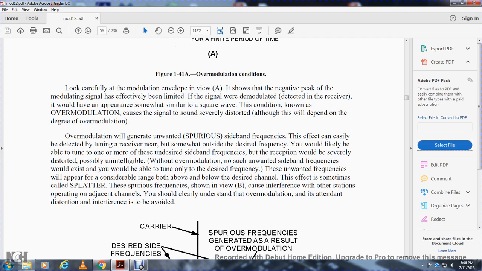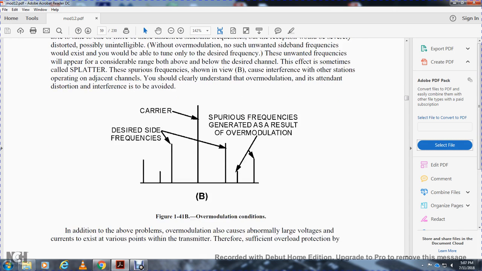Without overmodulation, no such unwanted sideband frequencies would exist. You would be able to tune only the desired frequency. The unwanted frequencies will appear over a considerable range both above and below the desired channel. The effect is sometimes called splatter. Spurious frequencies shown in View B are the cause of interference with other stations operating on adjacent channels. You should clearly understand that overmodulation, intended distortion and interference are to be avoided.